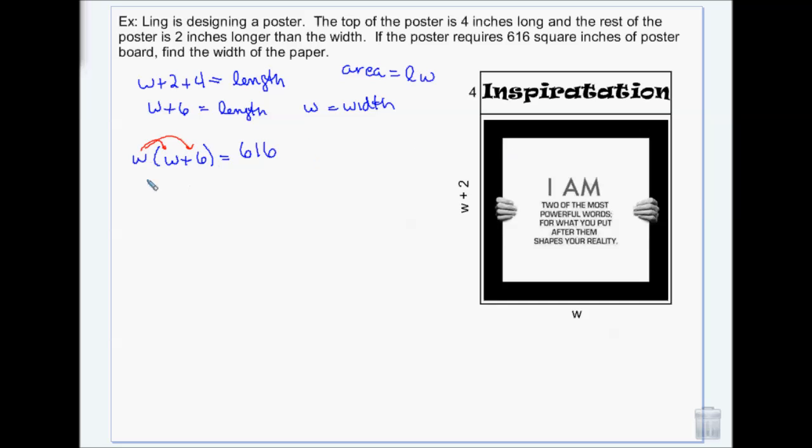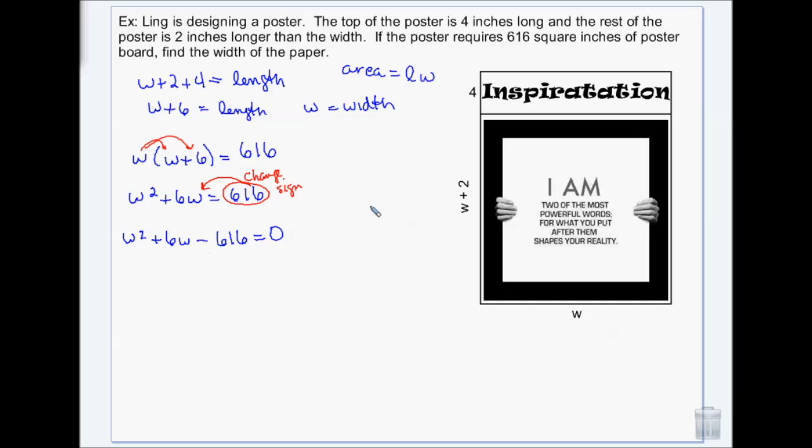So I get W squared plus 6W is equal to 616. And I have to set it equal to 0. So I move this over to here and change signs. Okay, now I have to factor this.